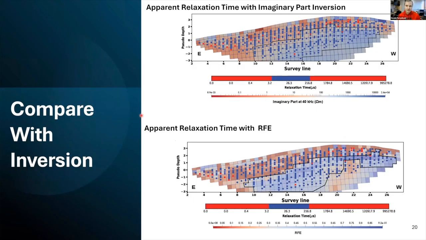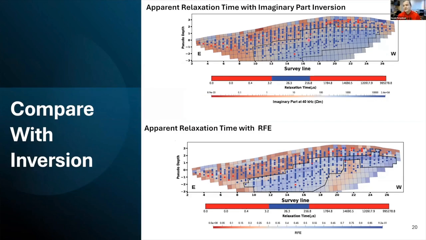And here we compare the relaxation at pseudo depths with the inversion for the imaginary part at 40 kilohertz and the RFE result. We know that the imaginary part and RFE has a really good result, better than ERT, but we wanted to just compare the relaxation time result with imaginary part at 40 kilohertz and RFE.